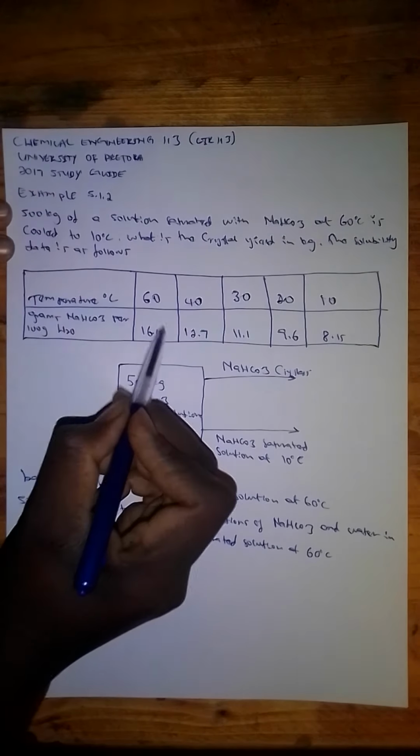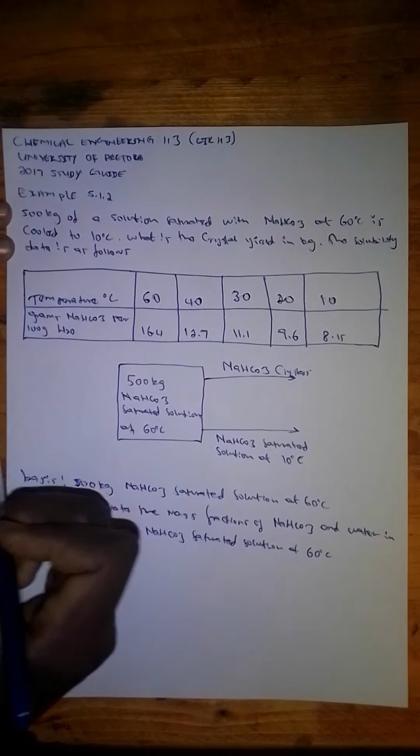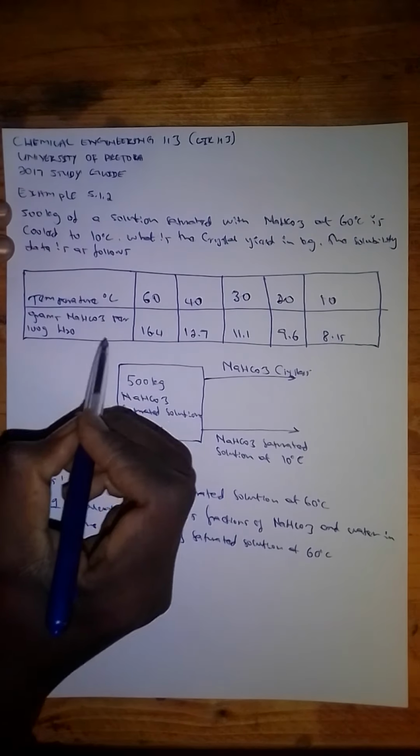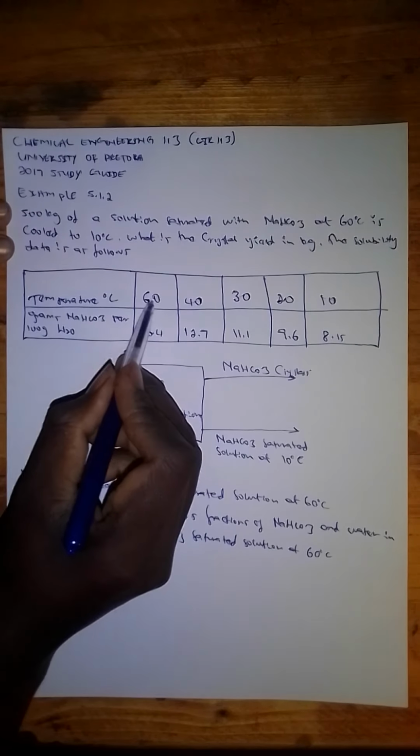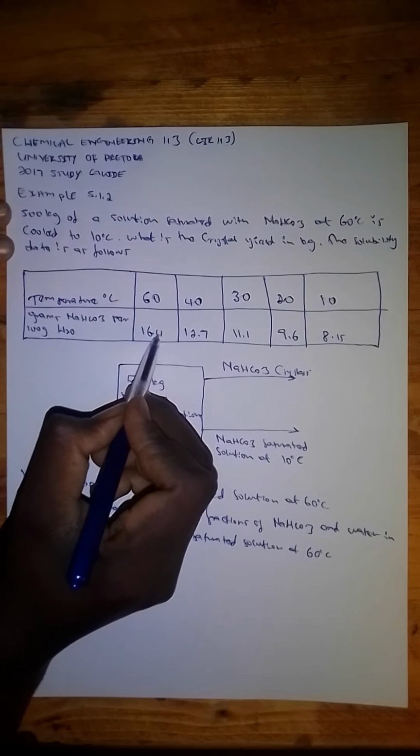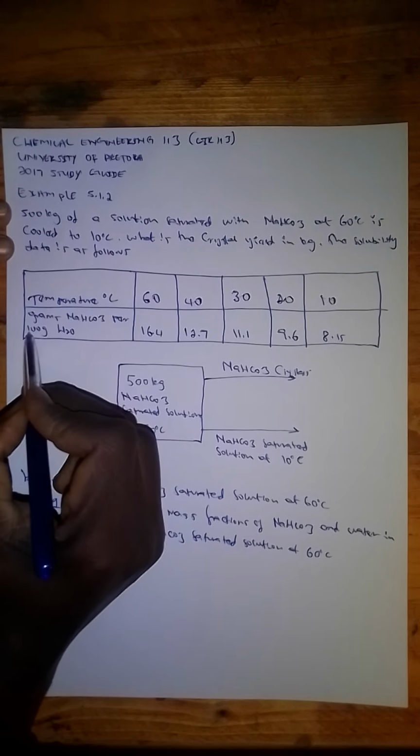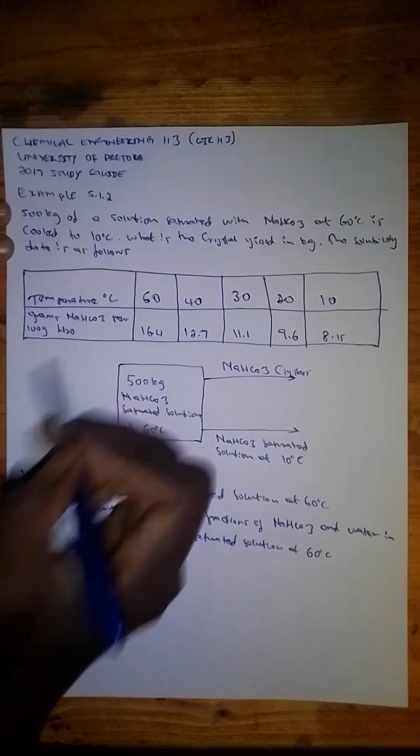We are told that this is grams per 100 grams of H2O, which means at 60 degrees Celsius, there's 16.4 grams of NaHCO3 for every 100 grams of H2O.